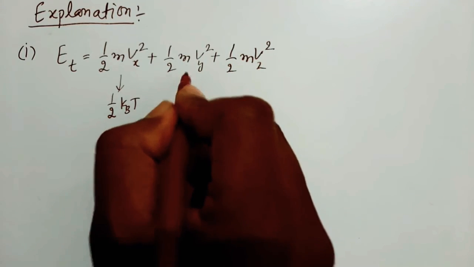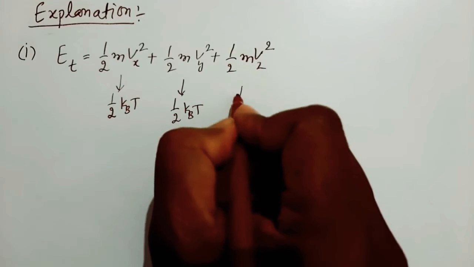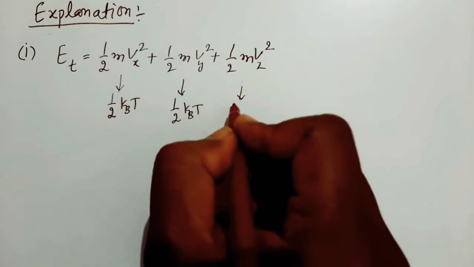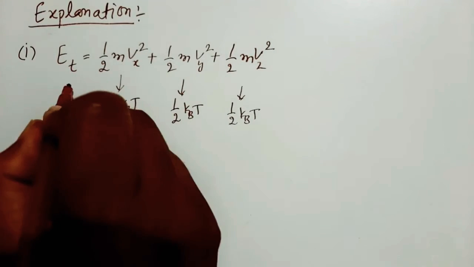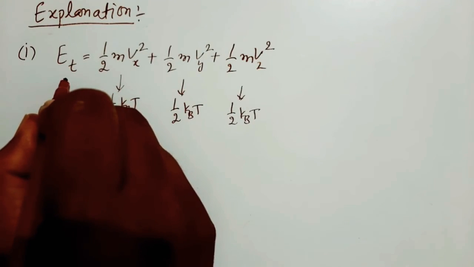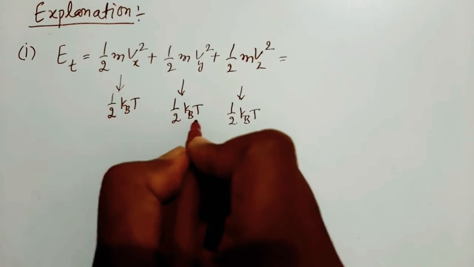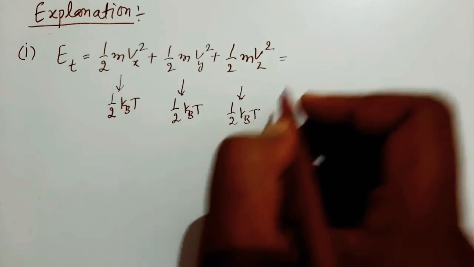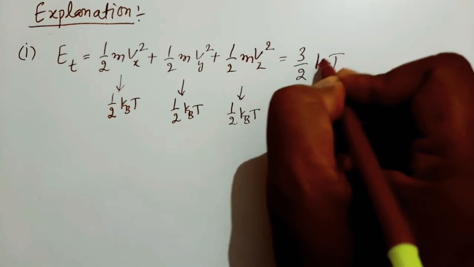So this mode has energy 1/2 kBT, this mode has energy 1/2 kBT. So the total energy in translational motion is 1/2 kBT plus 1/2 kBT plus 1/2 kBT, that is 3/2 kBT.